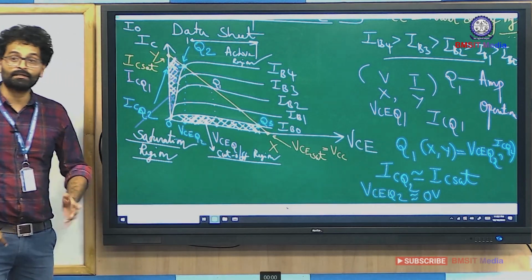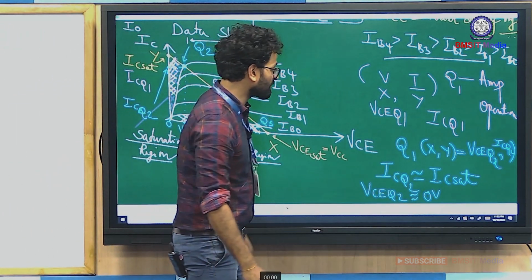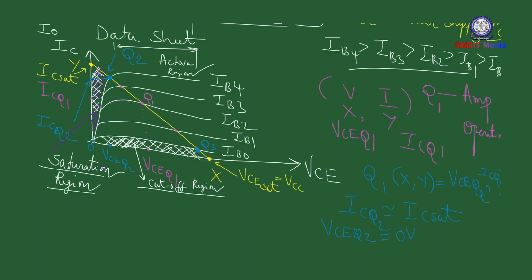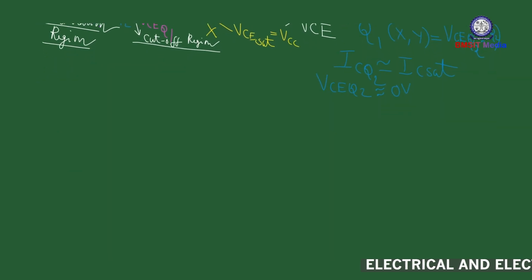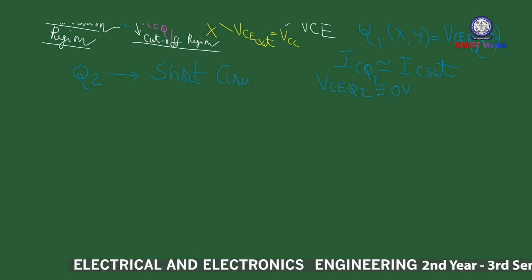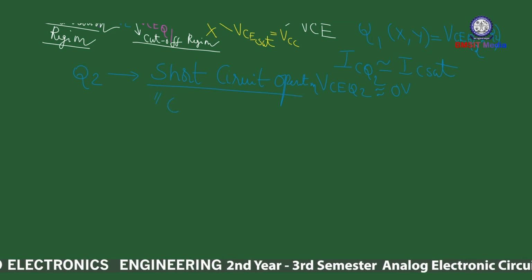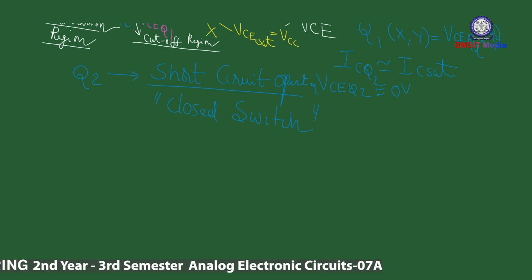So this condition is analogous to short circuit condition. In case of short circuit condition, current is maximum, voltage is 0. So if you design your biasing circuit in such a way that you end up fixing the Q point at Q2, you would get short circuit operation. So this is also considered as closed switch operation.